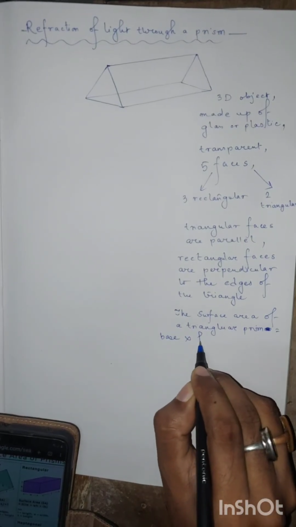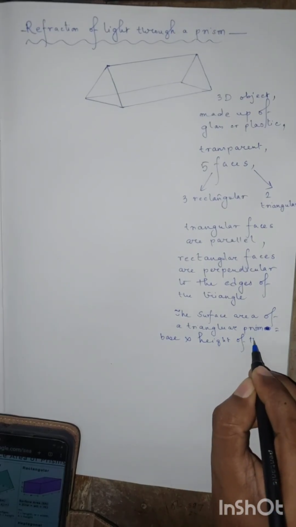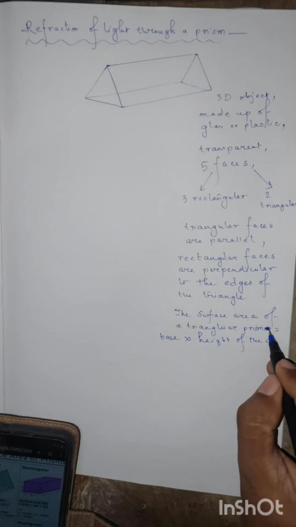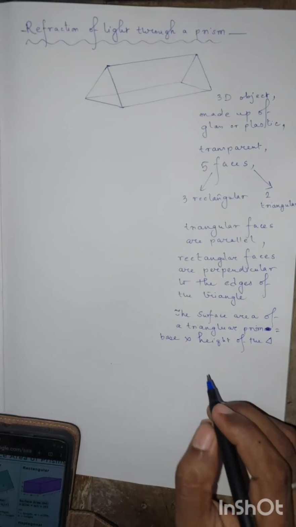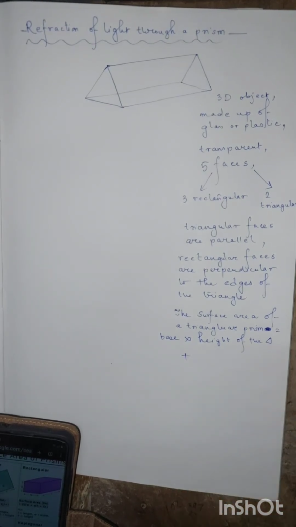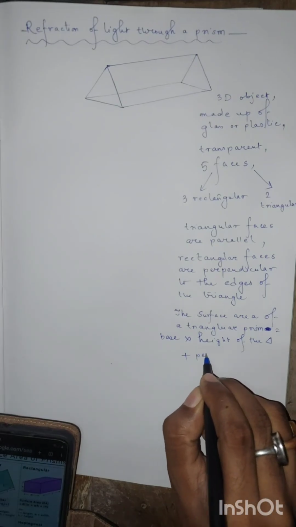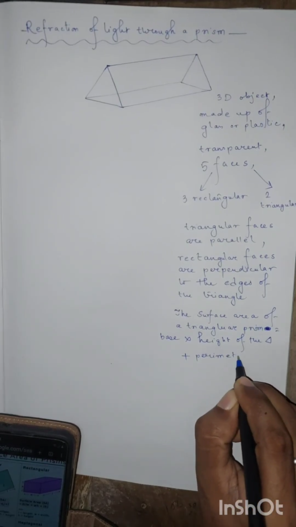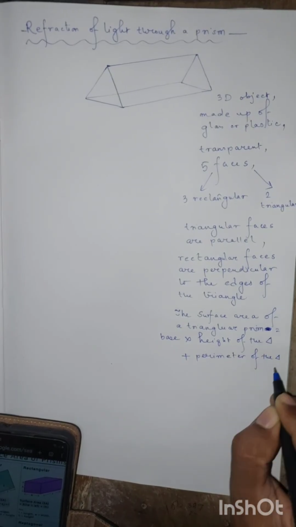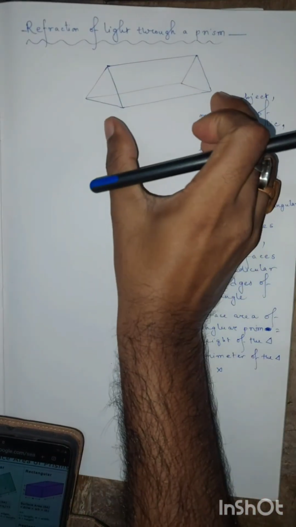base into height of the triangle plus perimeter of the triangle into this length.